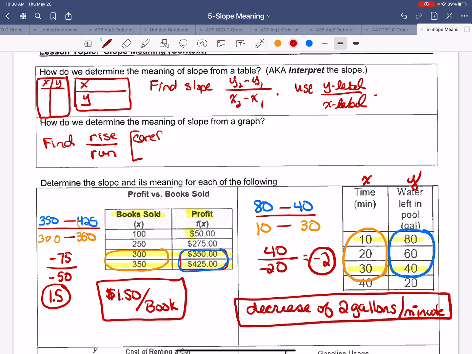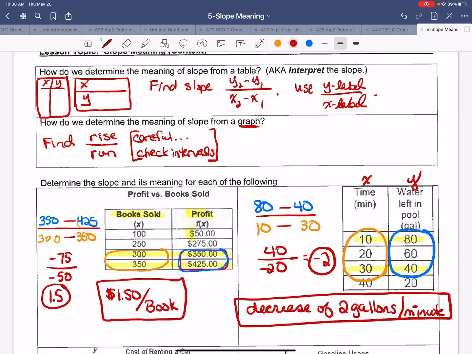Be really careful here, because I want you to make sure you check the intervals. Make sure you check the intervals. So we're working with graphs this time. We're going to use rise over run. Right here, we got rise over run, and check your intervals. Make sure we do that.